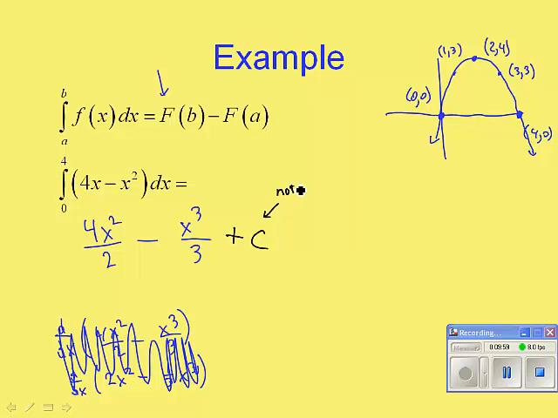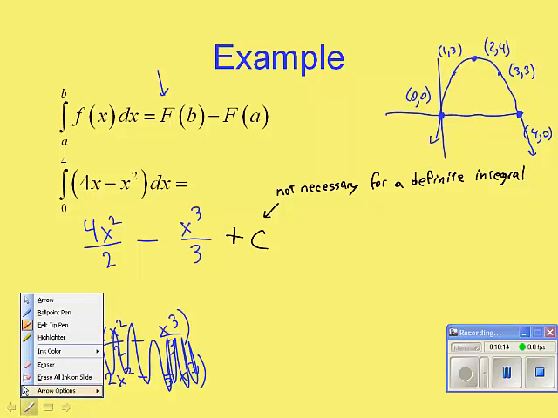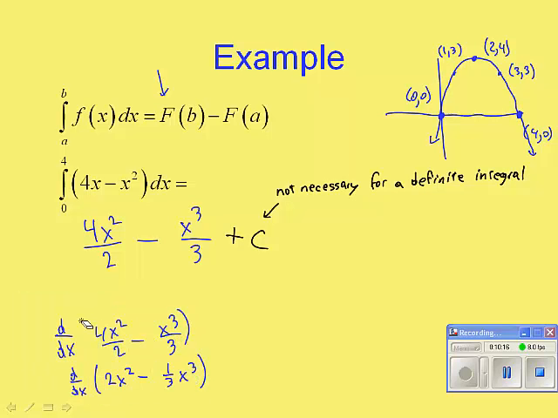So I'm going to write down this is not necessary for a definite integral. And I'll show you why right now. Let me get a new color, though. Actually, let me erase some of this. Okay.